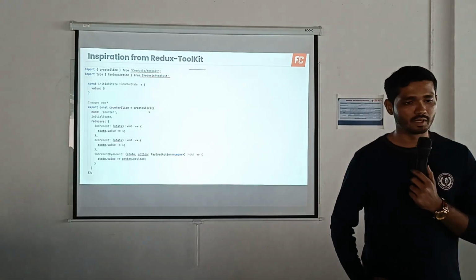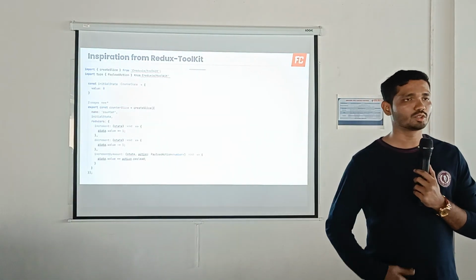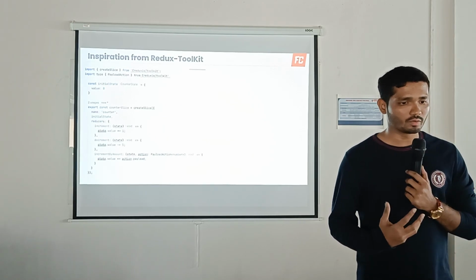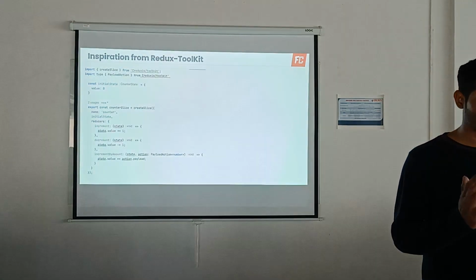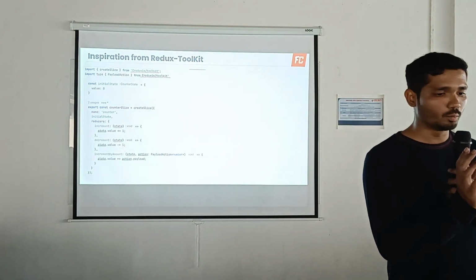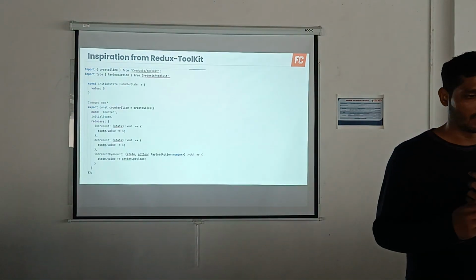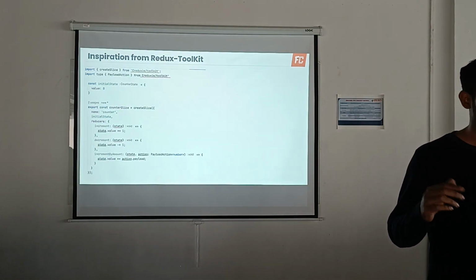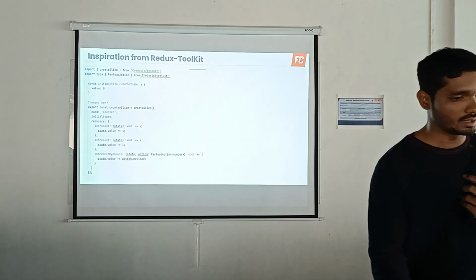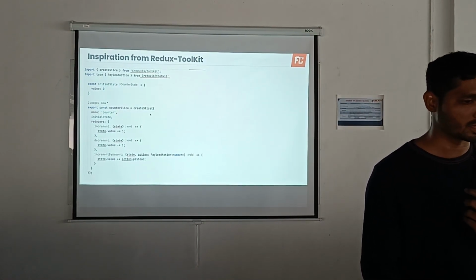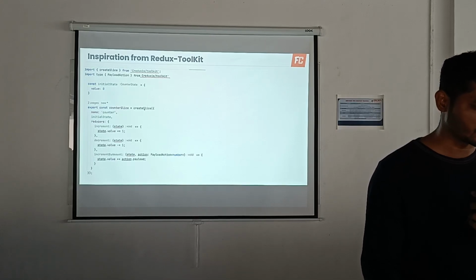When you are building a large-scale application, you need your code to be as modular as possible, right? So this option of createSlice is like a separate module which can be part of a specific component and will be very independent from any other component, and that helps. This is the createSlice function which Toolkit is giving us.